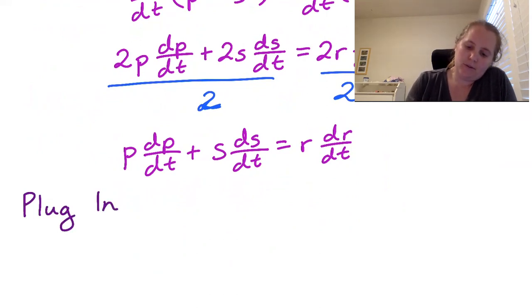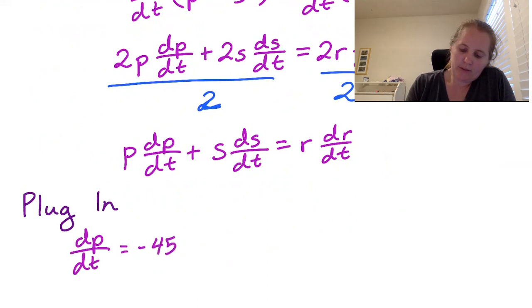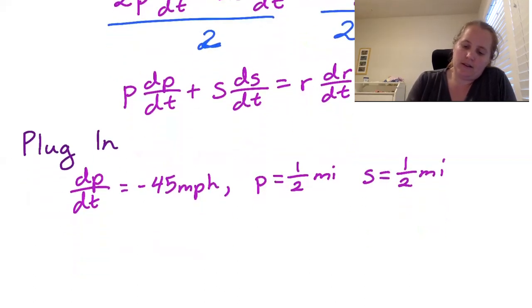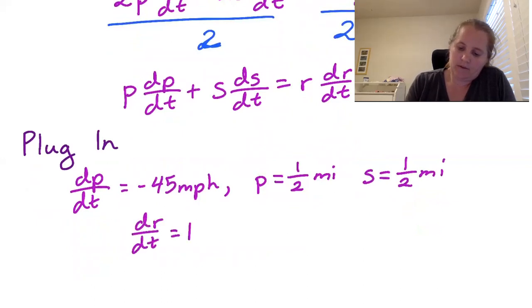So again, the information we have, we know that dp/dt is -45 miles per hour. We know that P is equal to 1/2 mile. S is equal to 1/2 mile. And dr/dt is equal to 15 miles per hour.